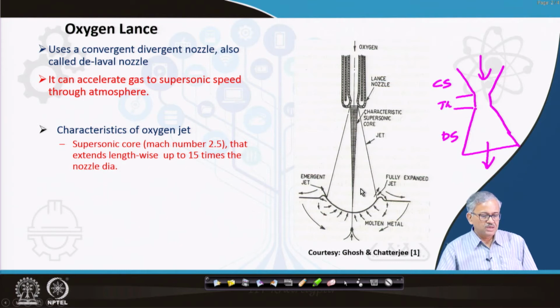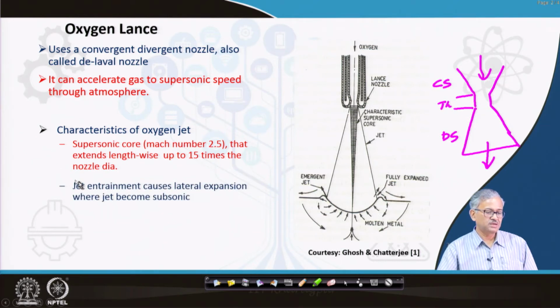So this is the subsonic portion, and this region is called the supersonic portion. What is the length of this supersonic core? It has been found that it is around 15 times the nozzle exit diameter, right. So this is one of the important characteristics.